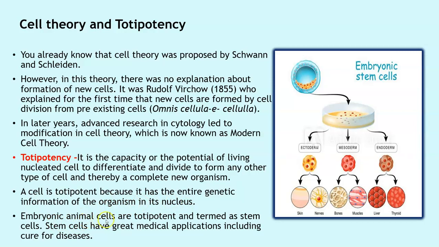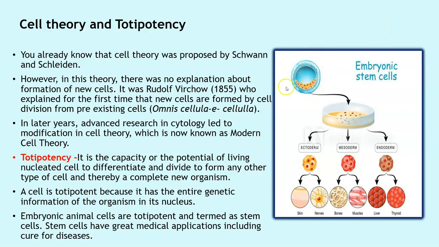Embryonic animal cells are totipotent and termed stem cells. Stem cells have great medical application, including cure for diseases. In other words, stem cells have a lot of potential in finding a cure for genetic disorders.